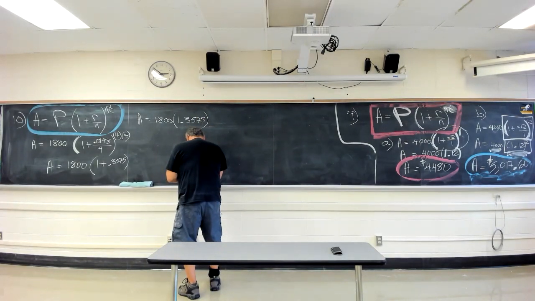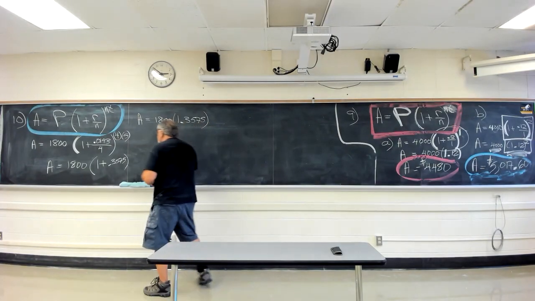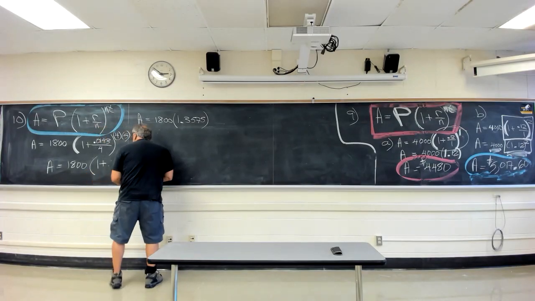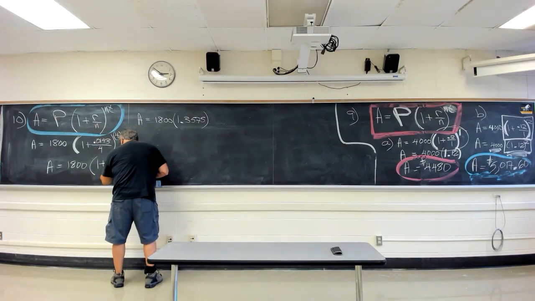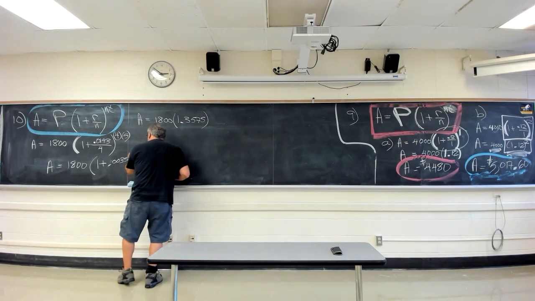So we said 0.43 divided by 4. Yeah, 0.00. So the 3575, but 0.003575, the whole thing to the 20.